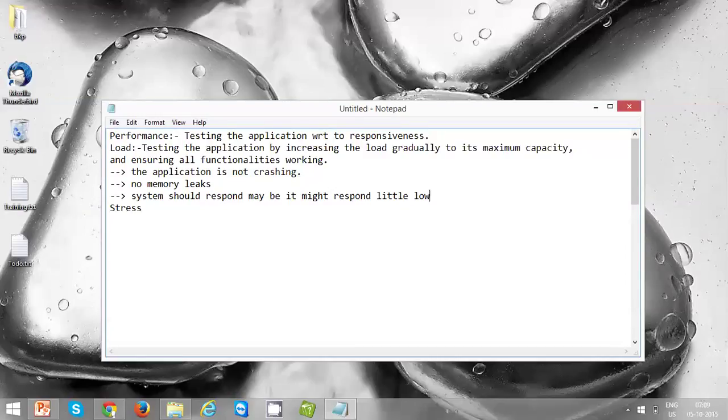System should respond, but it might respond a little slow, and as and when we decrease the load, it should respond properly.